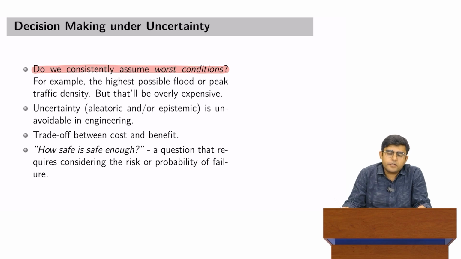And when it comes to aleatoric uncertainty, we will try to characterize it in the best possible manner, as will be evident from a few examples today. There would always be trade-offs between costs and benefits, because the hazard or event against which we are designing our infrastructure system has uncertainty.